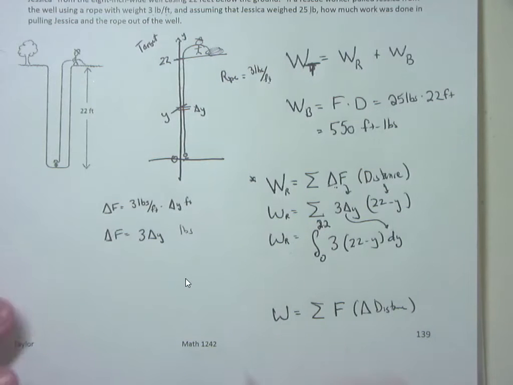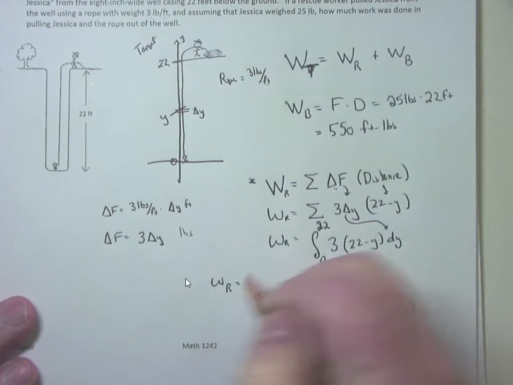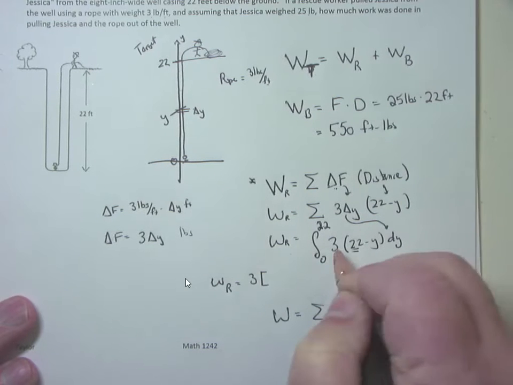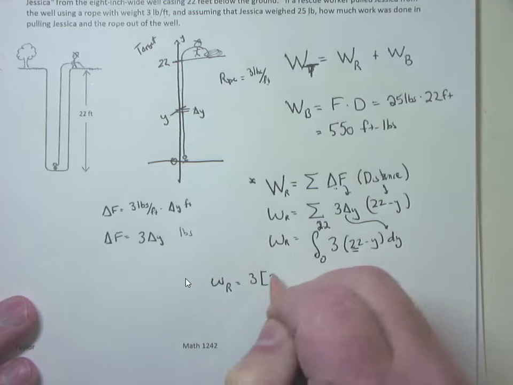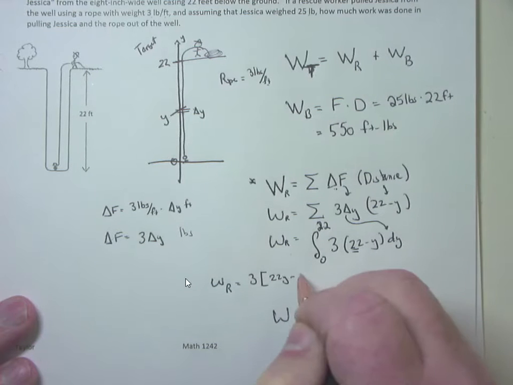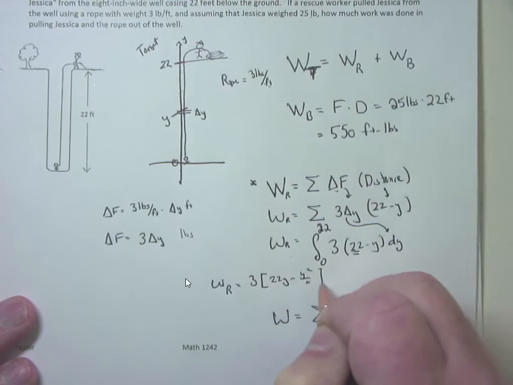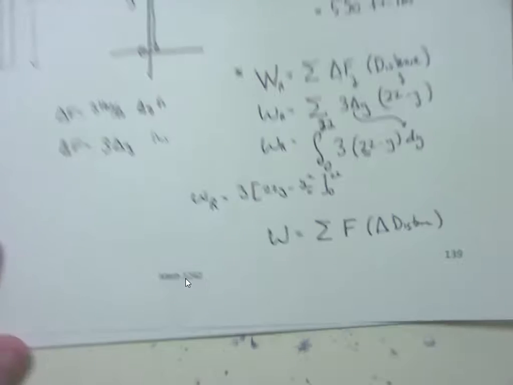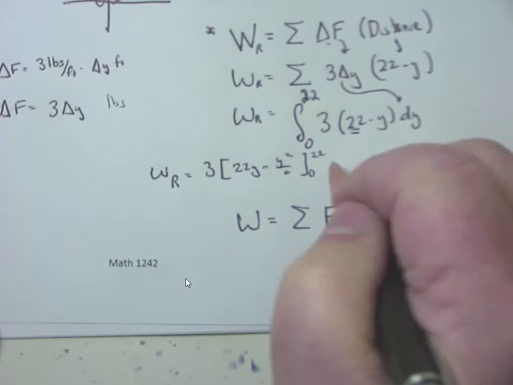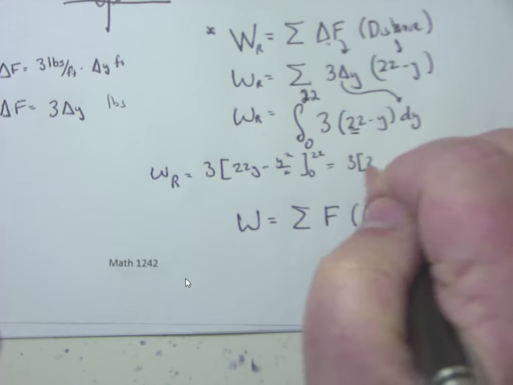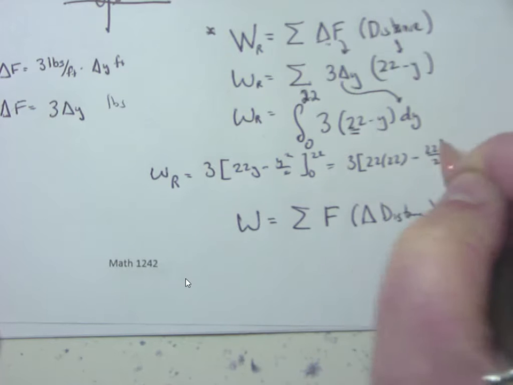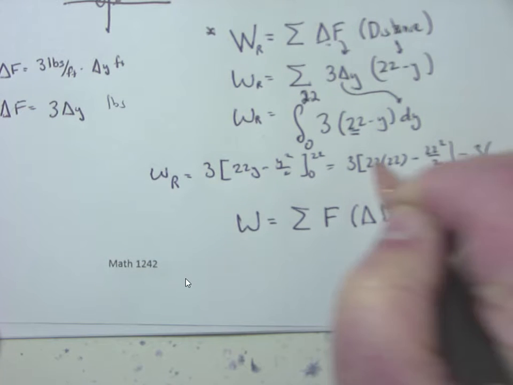Now, all I got to do is integrate to get the work on the rope. 3 is a constant, leave it alone. The integral of 22 with respect to y would be 22y, minus the integral of y, which is y squared over 2, evaluated from 0 to 22. According to the fundamental theorem of calculus, you plug in top minus plug in bottom. This will be 3 times 22 times 22 minus 22 squared over 2, minus 3 times plug in bottom, plug in 0.